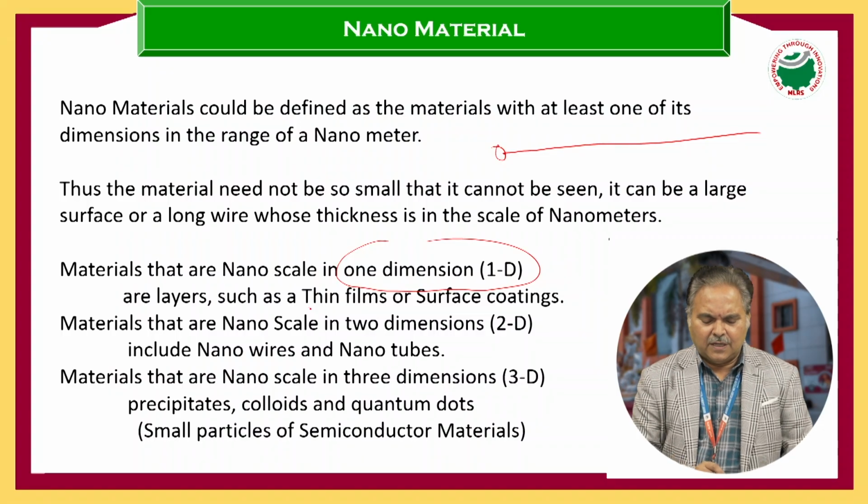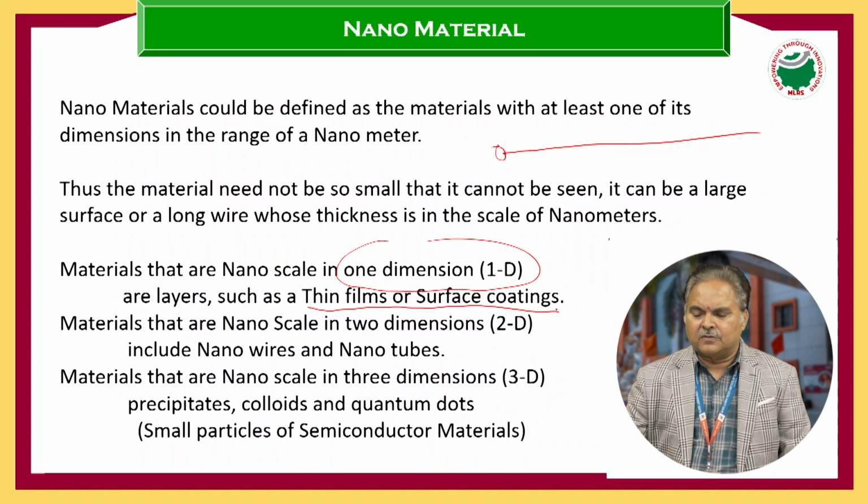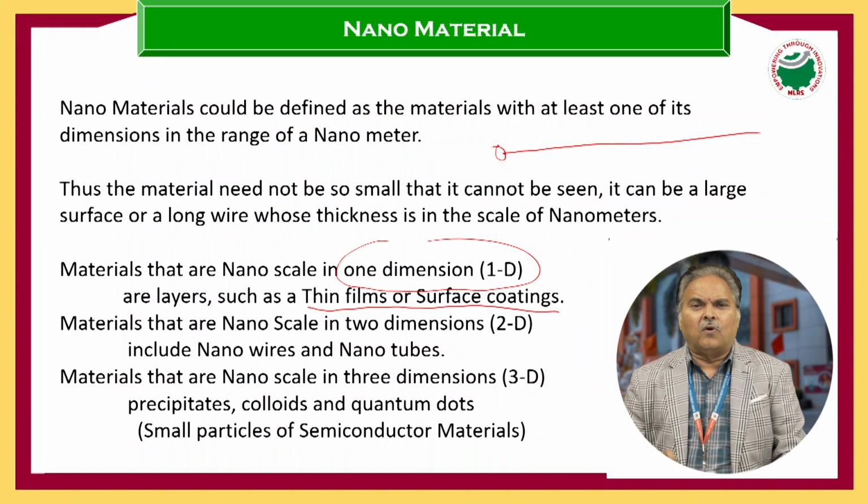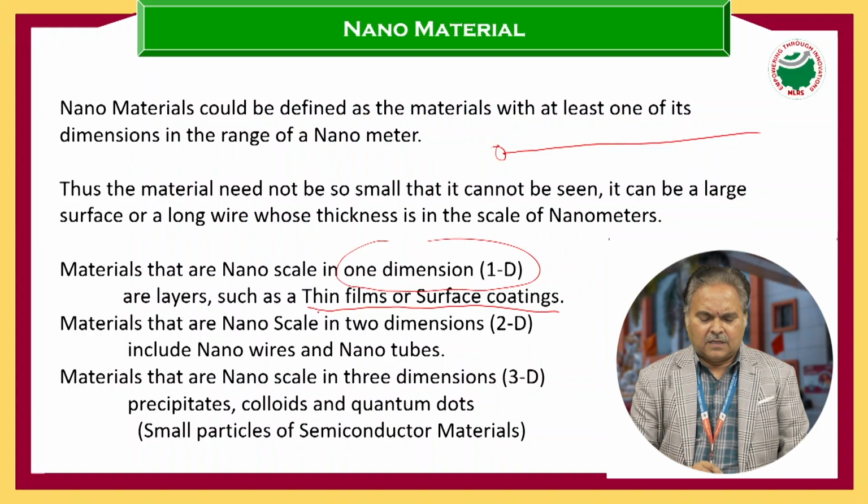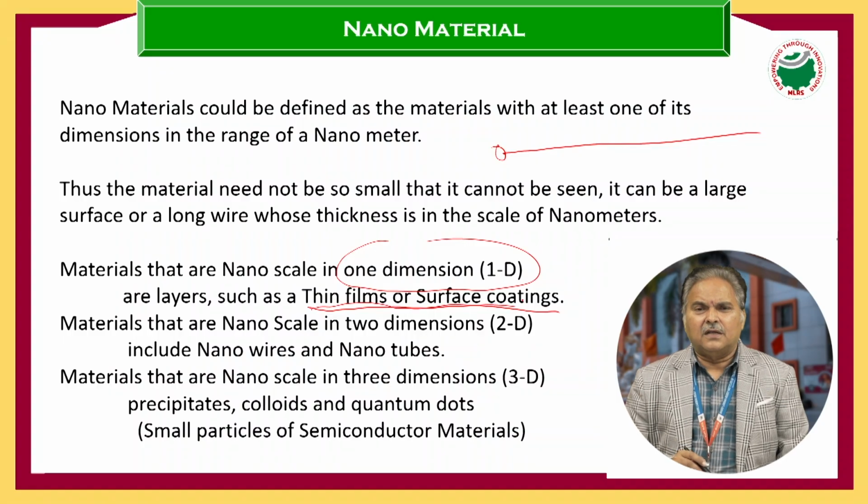Usually it will be like a thin film or surface coating. The thickness of the coating is nano size, but its width and length are more. That's why we call it a one dimensional nanomaterial, that is, thin films or surface coatings. Similarly, in two dimensional, the width and thickness of a wire are nano size, but the length is more.